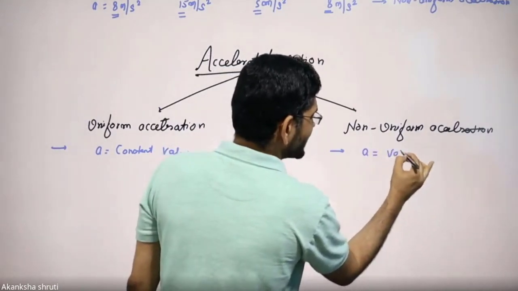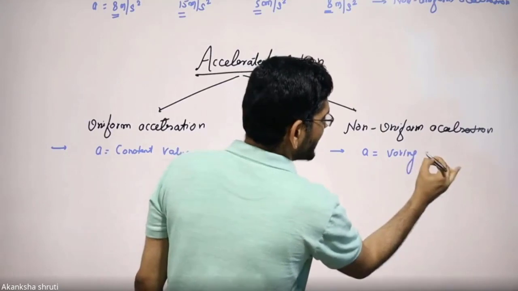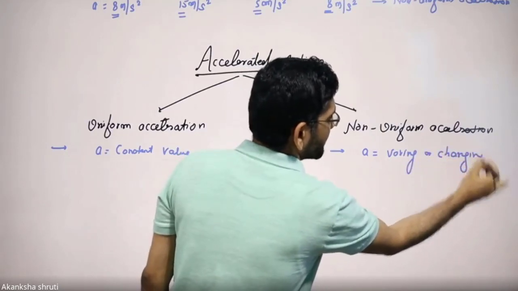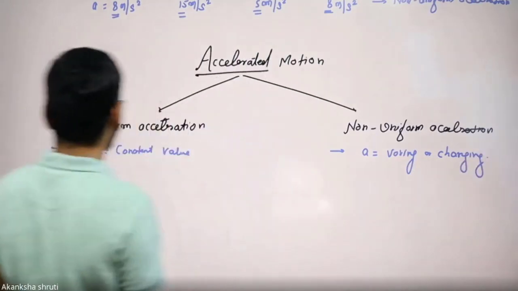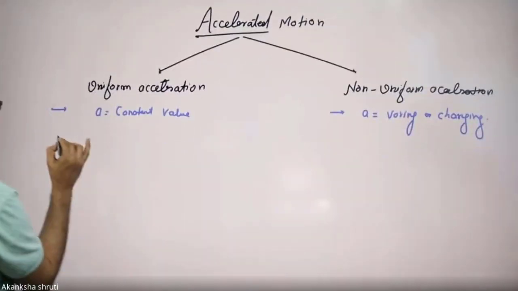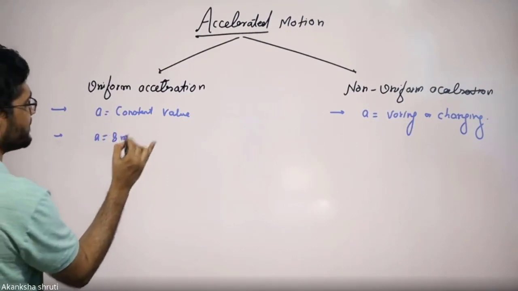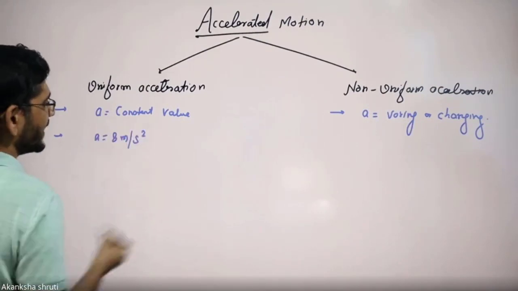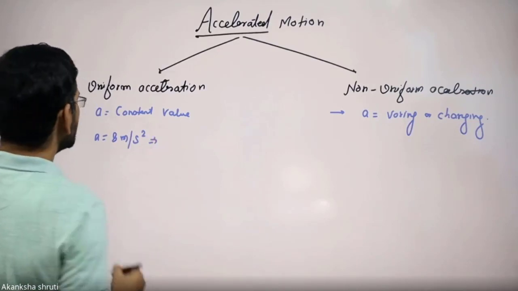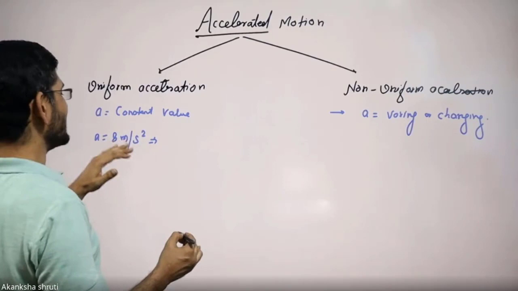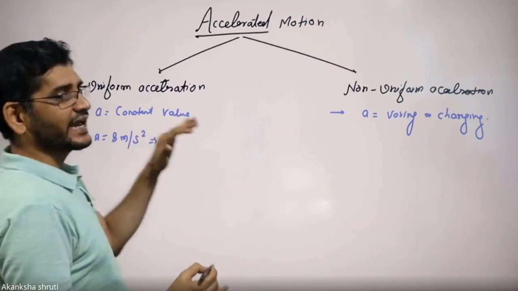So acceleration is either varying or changing. Example, the body is moving with an acceleration of 8 meter per second square. It simply means the rate of change of velocity is 8 meter per second.